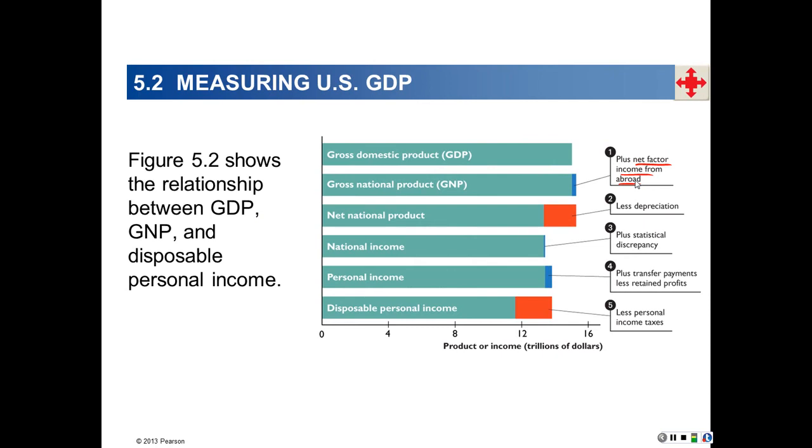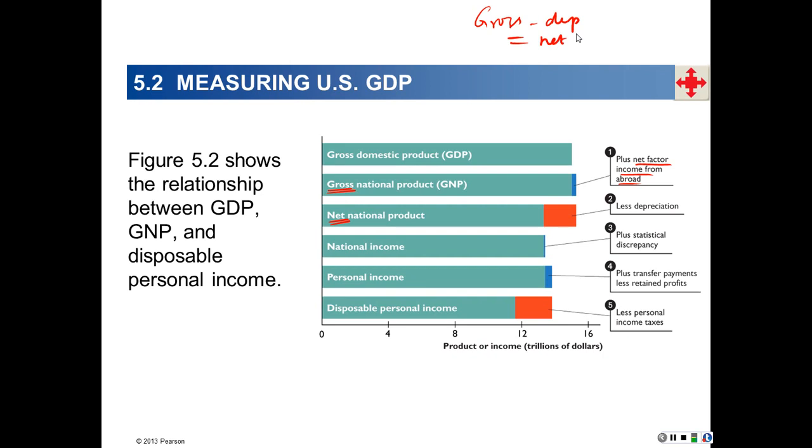If you do that, you arrive at GNP. Yes? Then, from GNP, if you subtract depreciation, the gross becomes a net. So when you take any gross figure and you subtract from it depreciation, which is the wear and tear of machinery, you arrive at net.